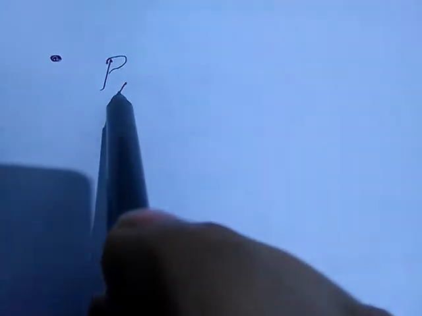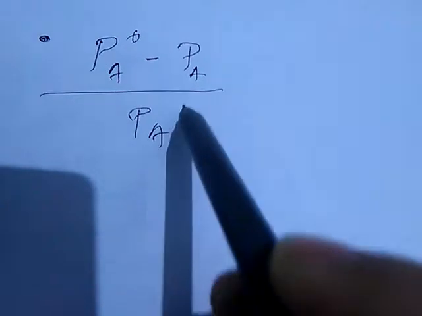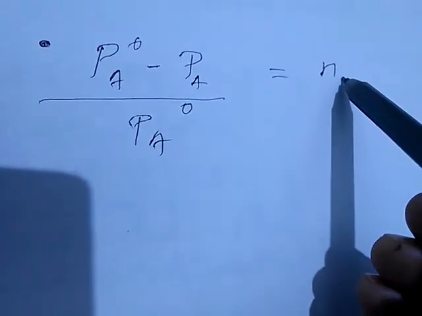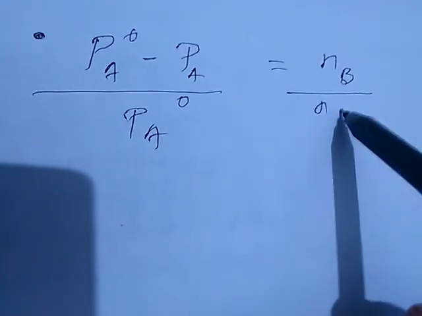So the change would be like this: relative lowering in vapor pressure, Pa naught minus Pa by Pa naught, will be equal to Nb by Na.